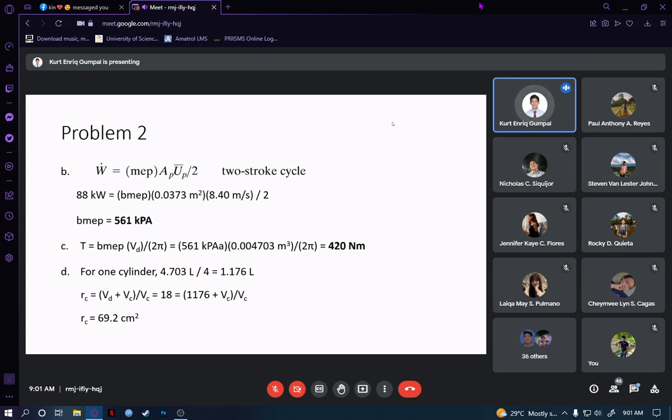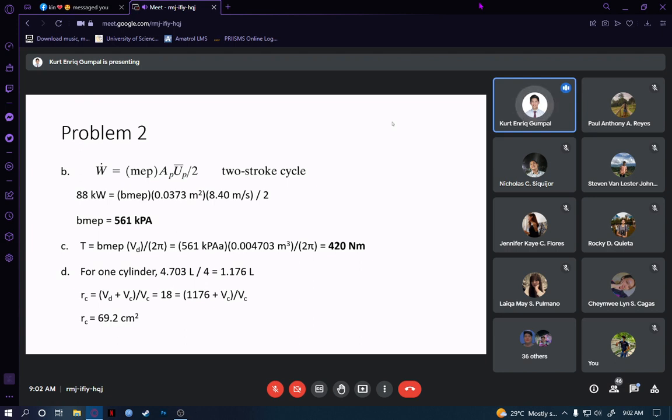Kaganina, there was a given nga na compression ratio nga 18. Okay? Since na compression ratio nga 18, pwede natin ma-relate ang displacement volume versus your clearance volume. Recall nga ang imong kuan, compression ratio is equal to your total volume divided by your clearance volume. Your total volume is the sum of your clearance volume plus your displacement volume.